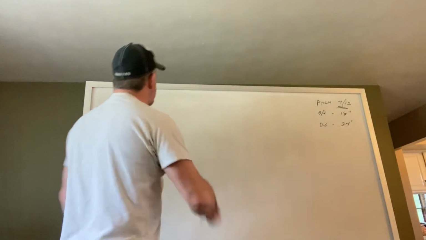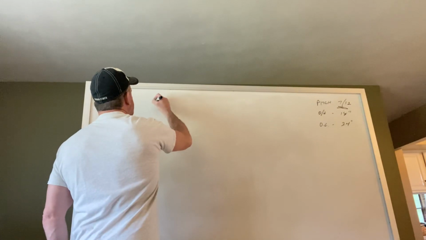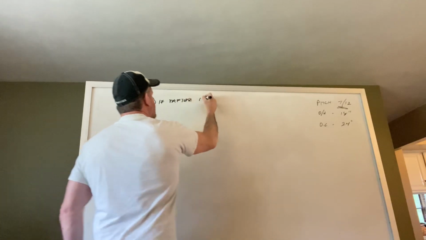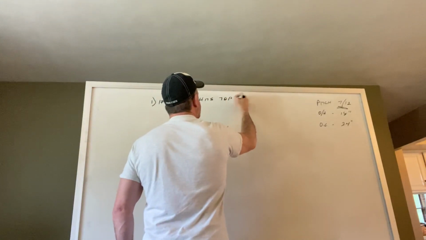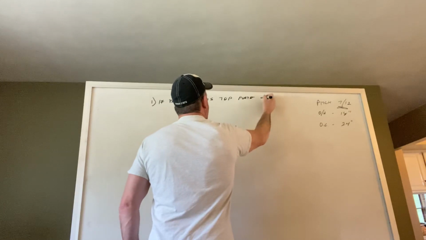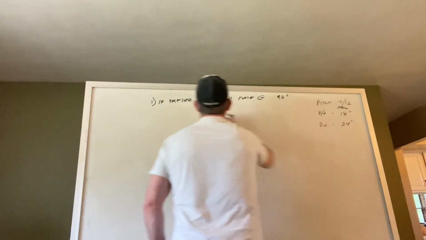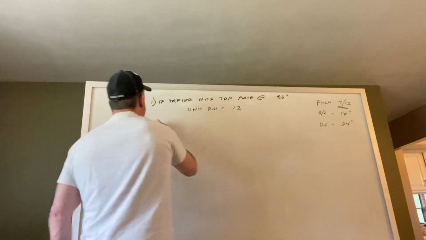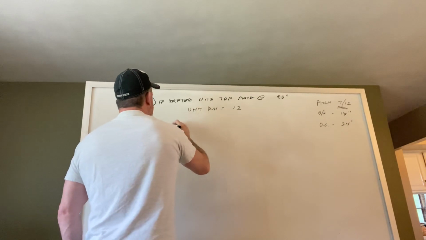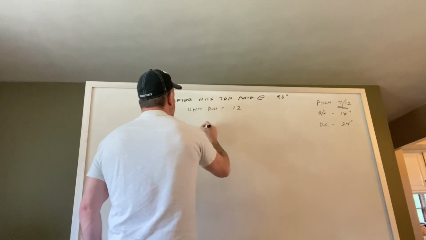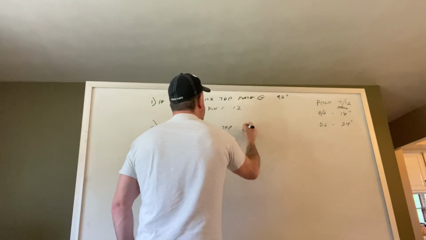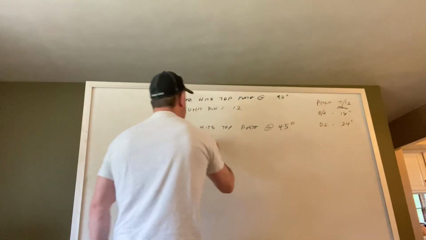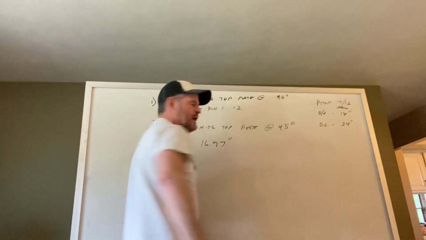And you do the math using the rules. So the rule is, number one, if rafter hits top plate at 90 degrees, unit run equals 12 inches. Rule number two, if rafter hits top plate at 45 degrees, unit run becomes 16.97.